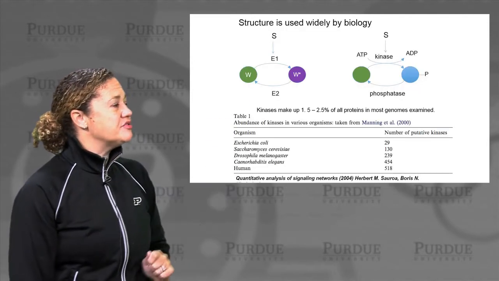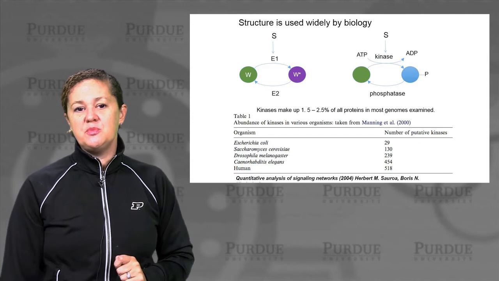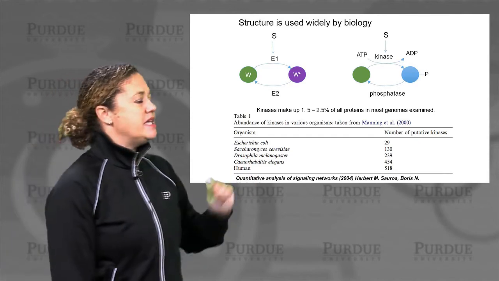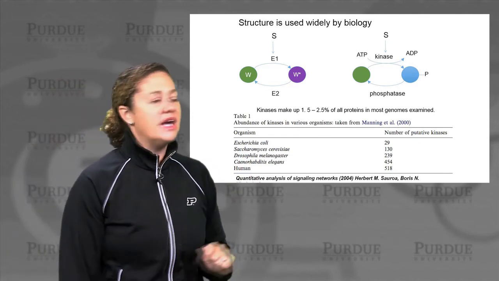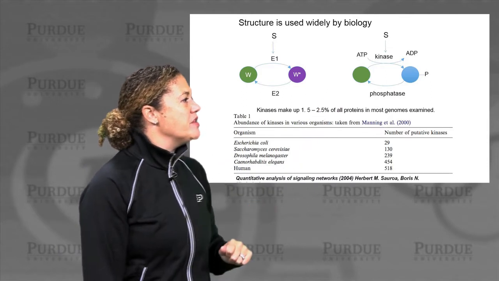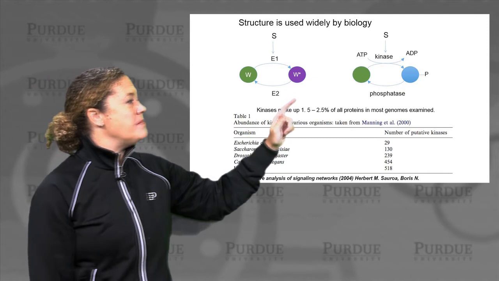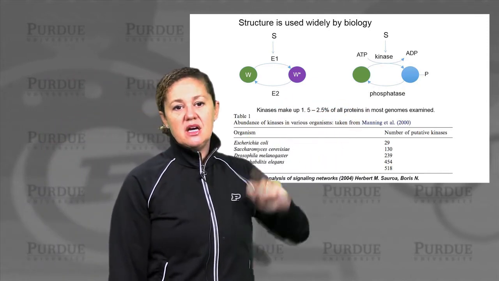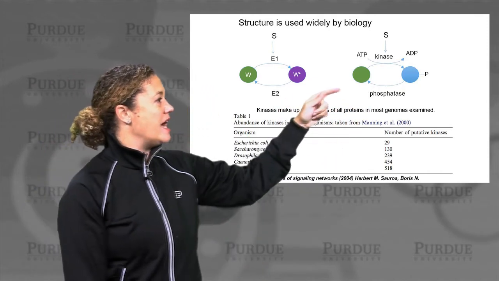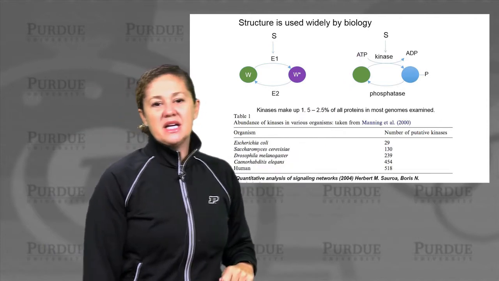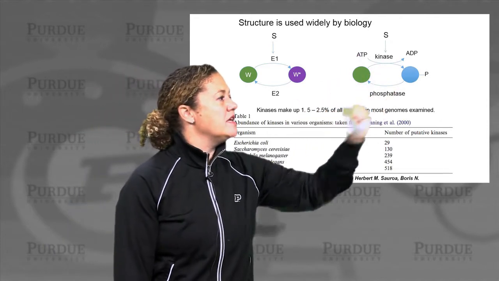This structure is very widely used by biology in intracellular signaling cascades. I mentioned before that one very common example of this might be phosphorylation of our protein. And so here, our E1 would be a kinase that phosphorylates our protein.